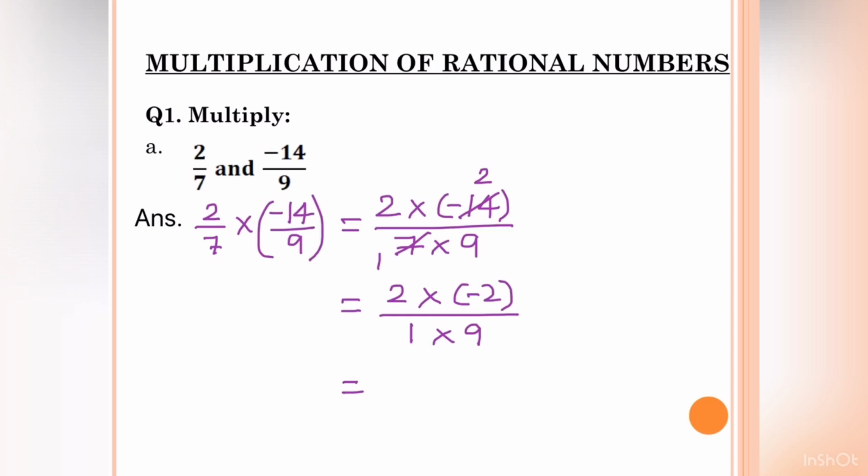So we get the product as minus 2 times 2 is 4, minus 4. And in the denominator we have 1 times 9, that is 9. Therefore, minus 4 by 9 is the answer.